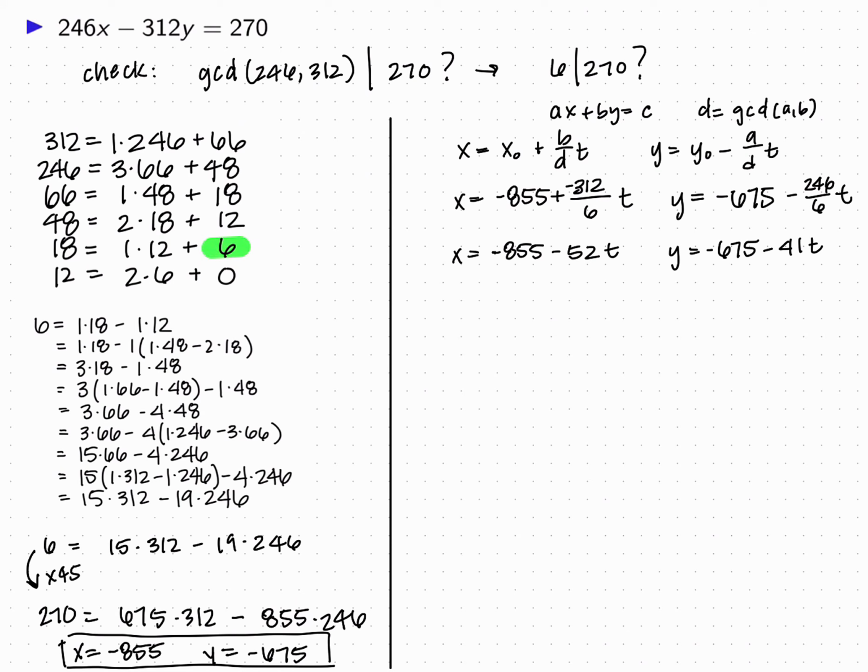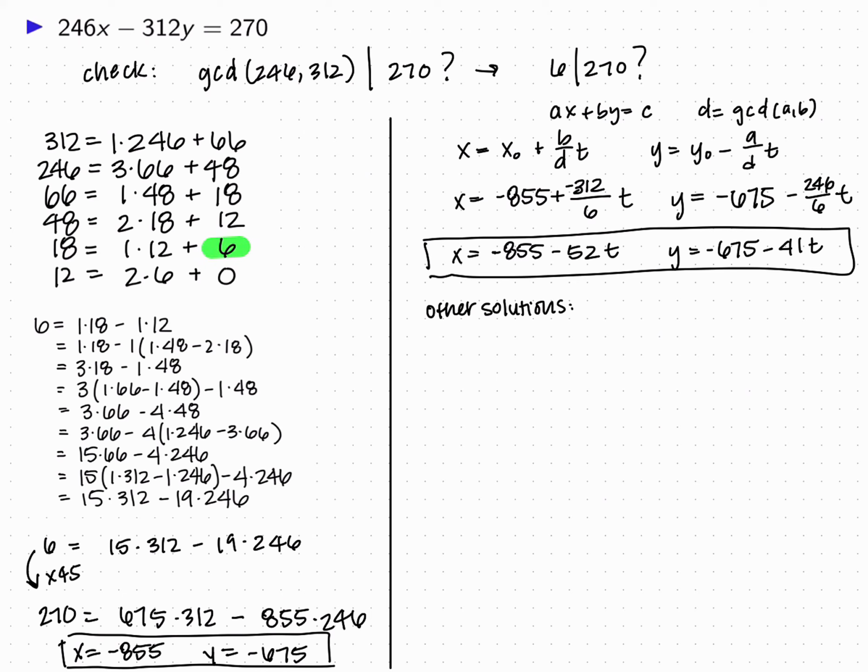So this, what I found here, is my parameterization. So plug in any values of t, I can find a solution. Again, I can use whatever values of t, but usually we use nice small values just to make life a little bit easier. So other solutions. So we have t equals 1. We can use that.